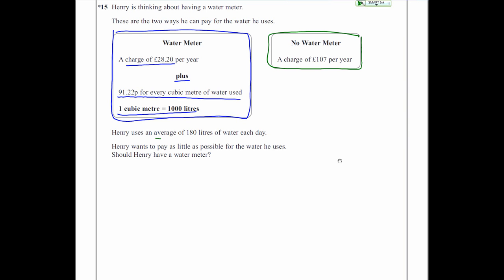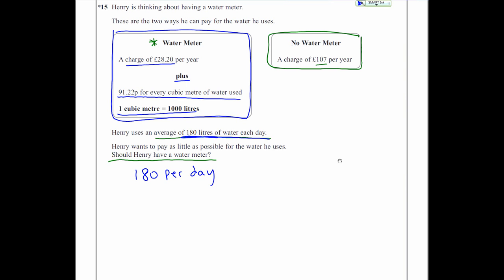He uses an average of 180 litres of water each day. Henry wants to pay as little as possible for water, understandably. Should he have a water meter? So what we're going to have to do is work out the price of this, compare it to 107 to see which is less. So he uses 180 litres of water each day, per day.